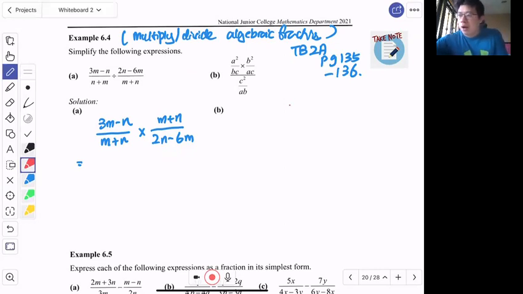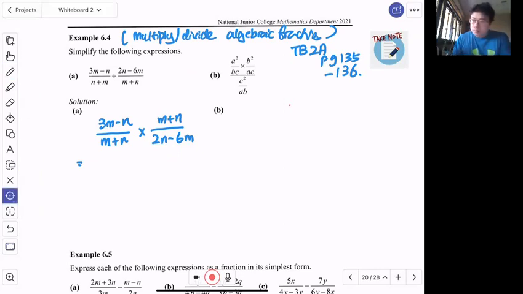I see that n minus 6m and n minus m look similar, but they are not in the same order. Where have you seen this before? In chapter book 1A, we have seen something like that.